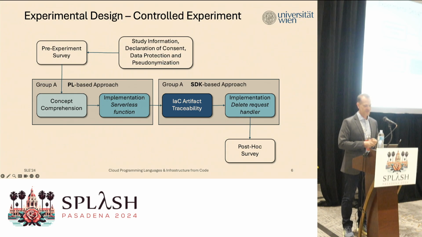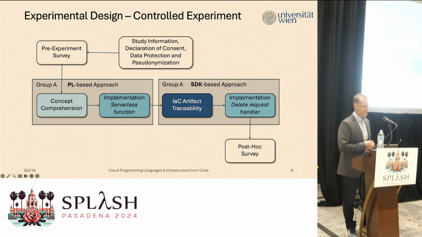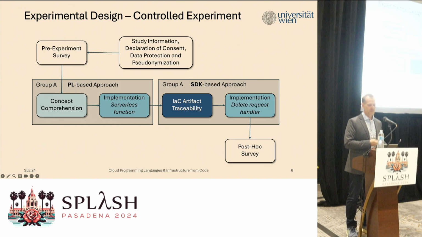The procedure of the experiment was that we recruited students from our faculty and informed them about the study information. They had to sign the declaration of consent or withdraw, and the data protection pseudonymization sheet.